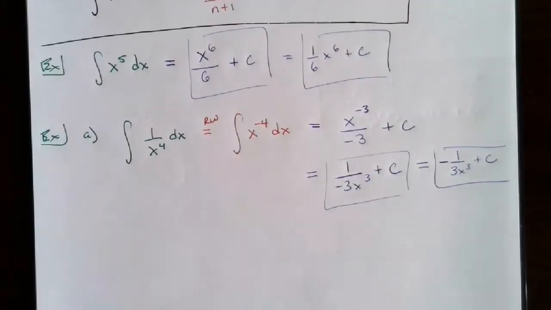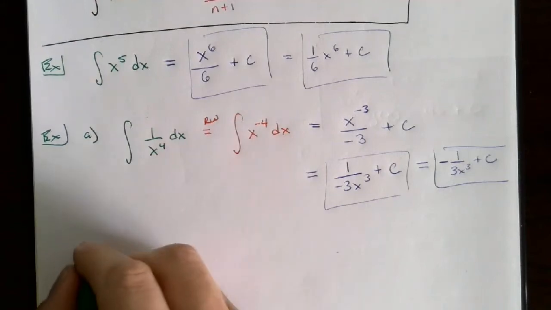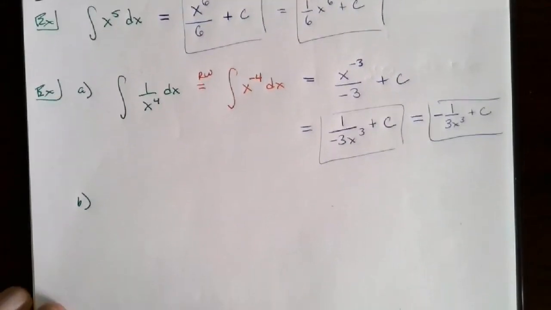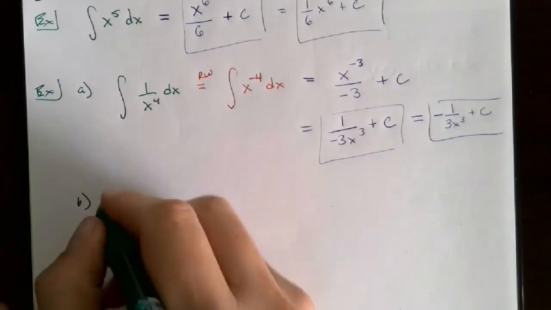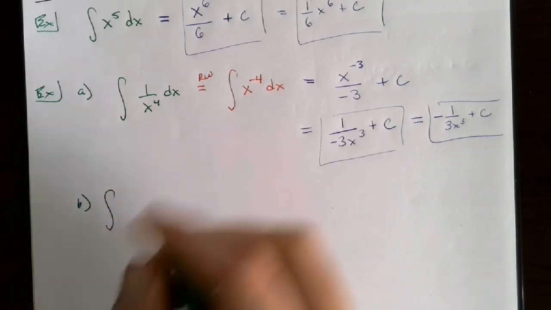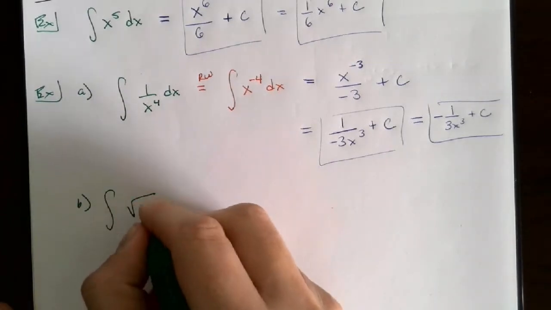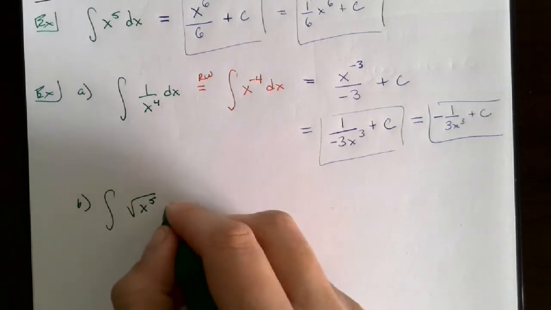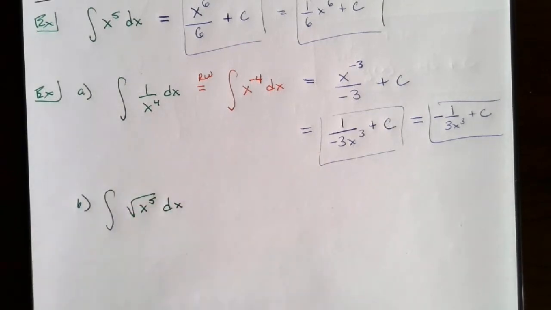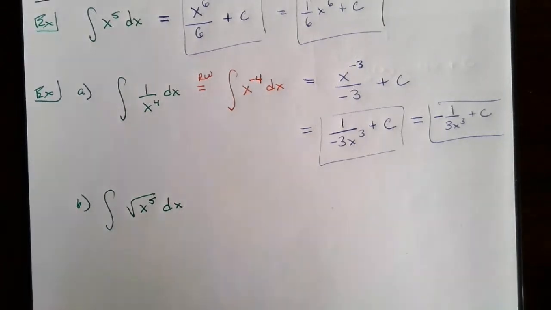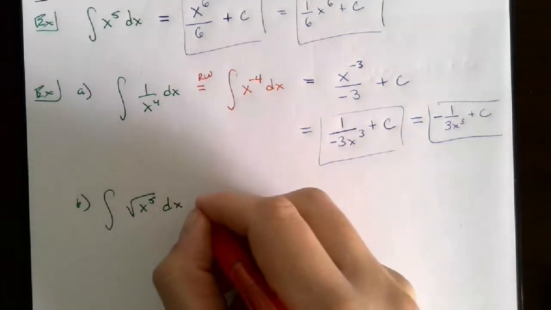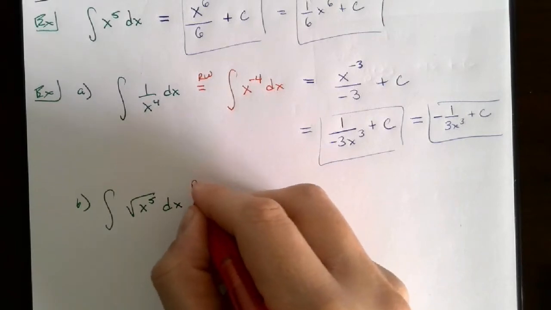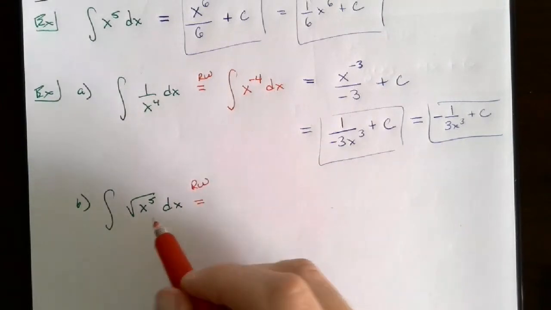How about if we looked at this one here? If I said I had the integral, or the antiderivative, of the square root of x to the 5th dx. Well, first thing, if you have roots in here, just like when you're taking derivatives, you want to rewrite this as x to a power.